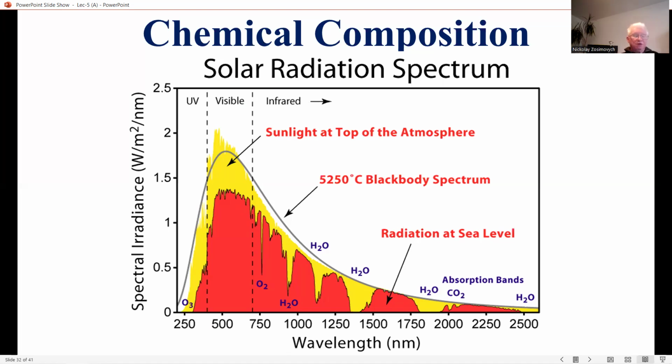The only atom that can produce this pair of lines is sodium. So the Sun must contain sodium, right? Over 90 elements in the Sun have been identified this way.